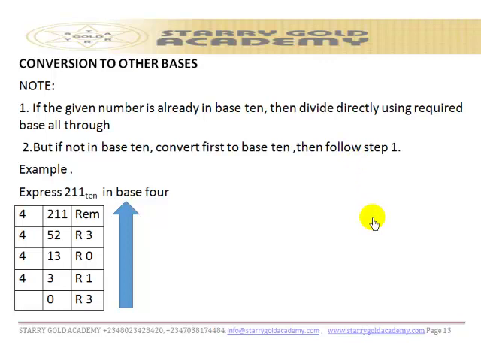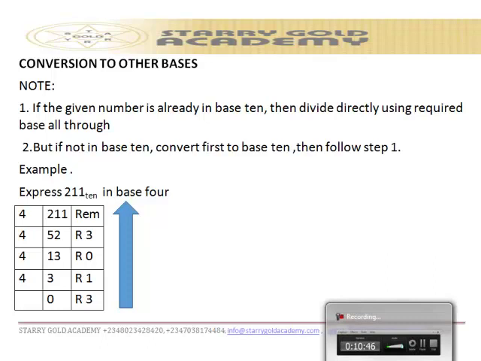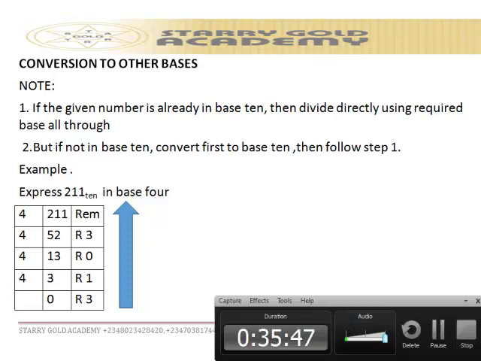I already said that to convert to base 10, there are two things you do. What's the first thing? You expand. After expanding, what do you do next? You simplify. To convert to base 10, you first expand, then simplify.